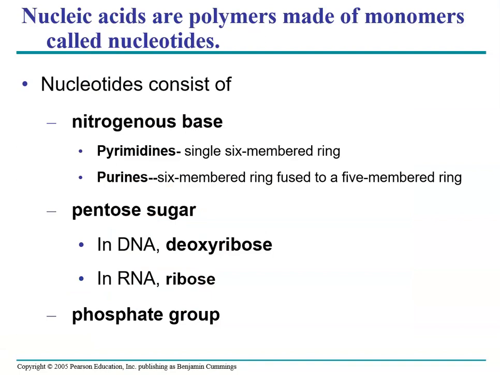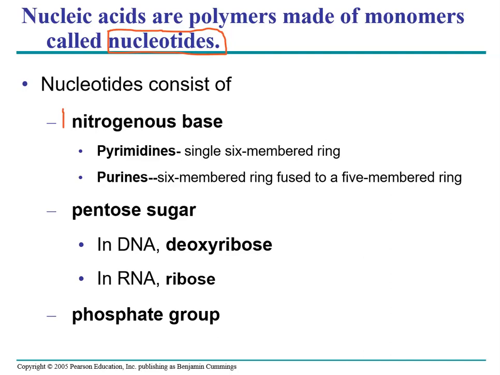Remember that nucleic acids are polymers, which are made of monomers, and the monomers of nucleic acids are nucleotides. But each nucleotide is also made of specific components. Each nucleotide has three main components.